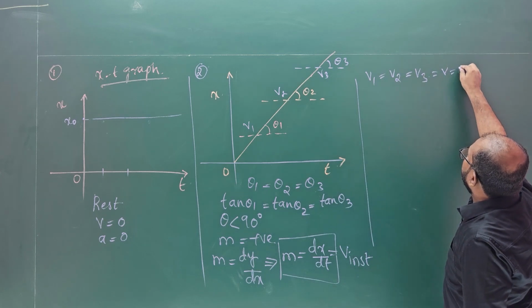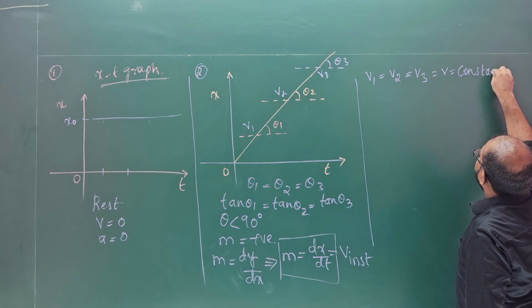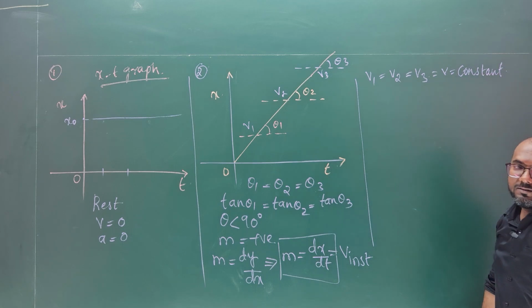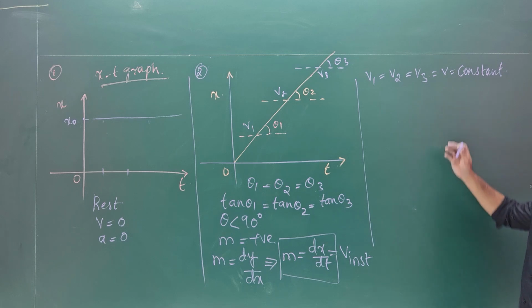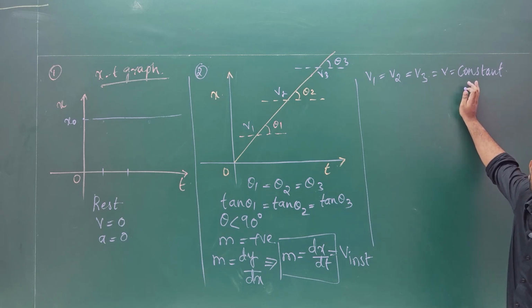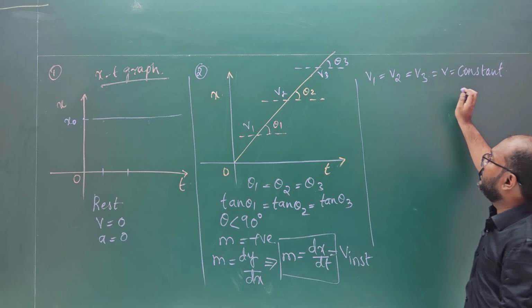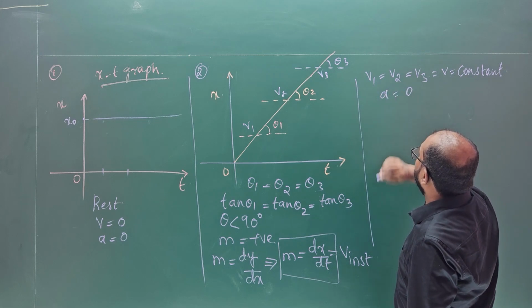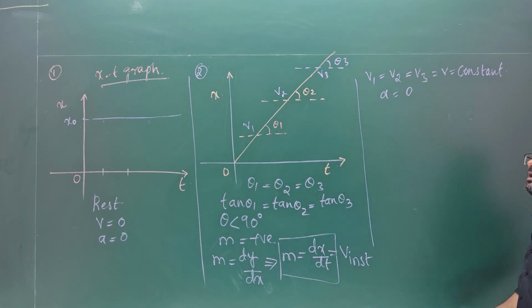If all are equal, then can I say it is nothing but constant? If velocities are equal, we are saying constant, then what is the acceleration? 0. Yes. So acceleration over here is 0.